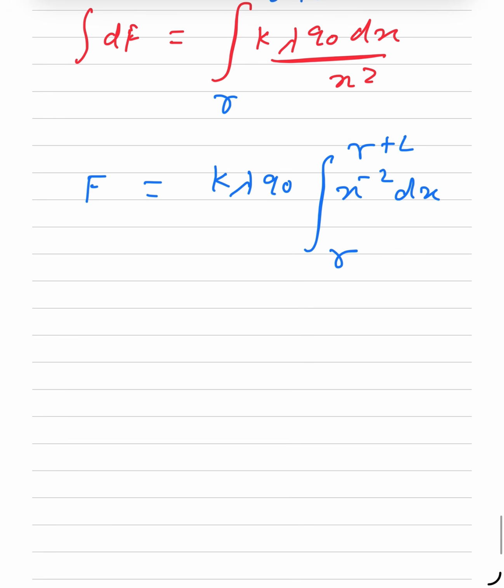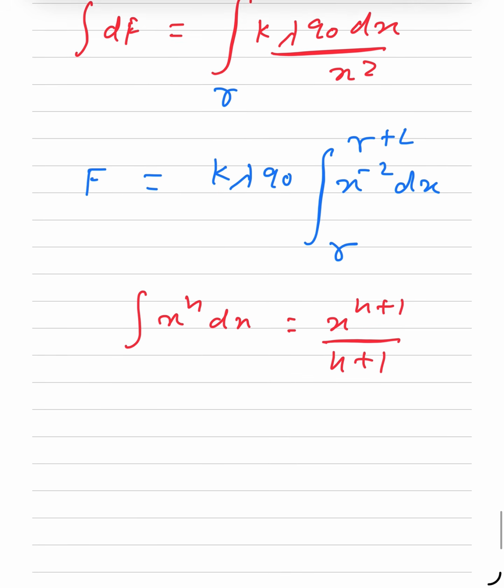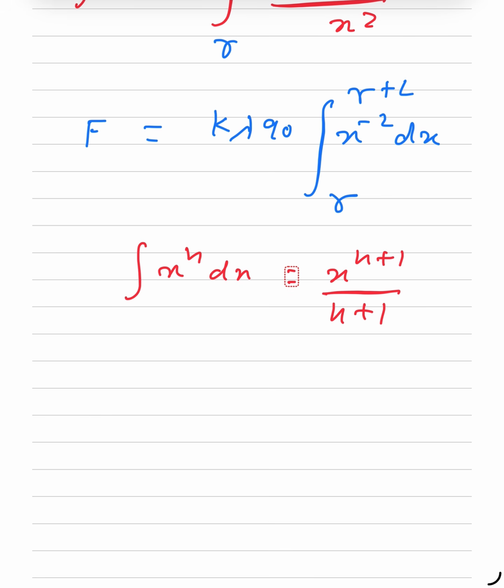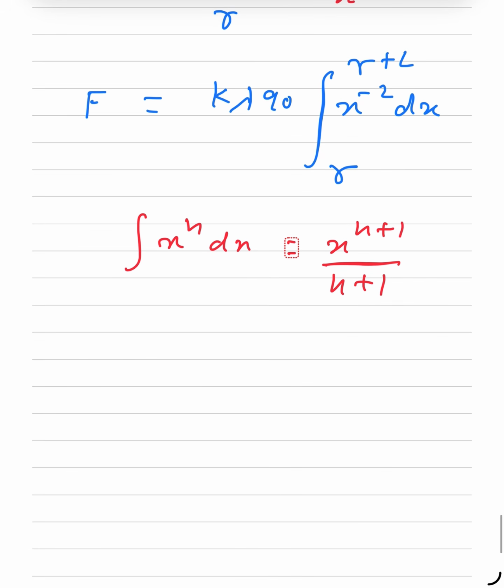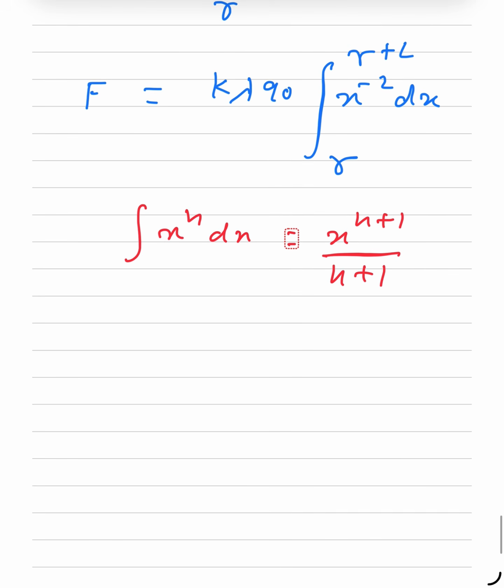And from the integration formula, integral of x power n dx equals x power n plus 1 divided by n plus 1. For definite and indefinite integrals, we use either the integration constant or the upper and lower limits of the integration.